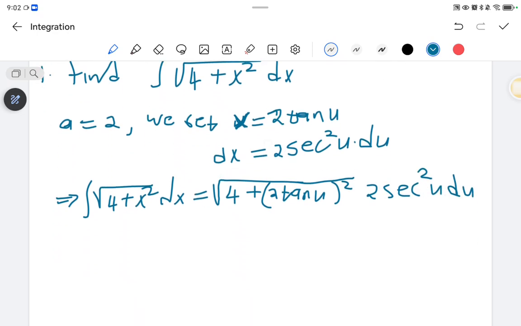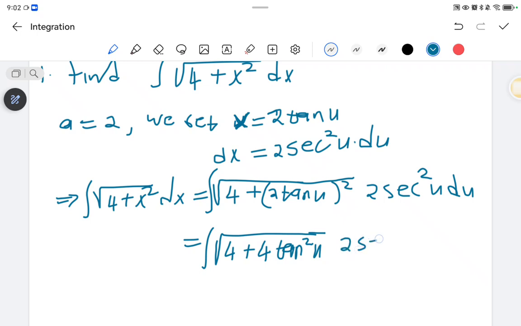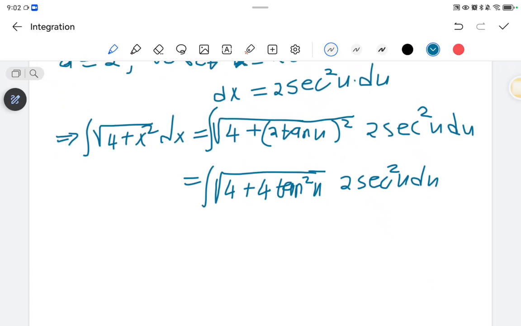I forgot the integral here. Then I simplify the inside: this is 4 plus 4 tan squared u, then 2 sec squared u du.